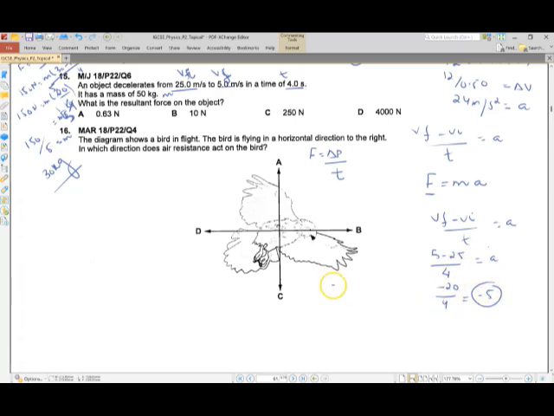So when we put these values in this, mass is 50. We can skip the negative part, as it was deceleration. This negative part is just going to tell you that. So 50 into 5 is 250 newtons. So this is going to be our correct answer. And you can always use this formula to find this force as well. Okay?